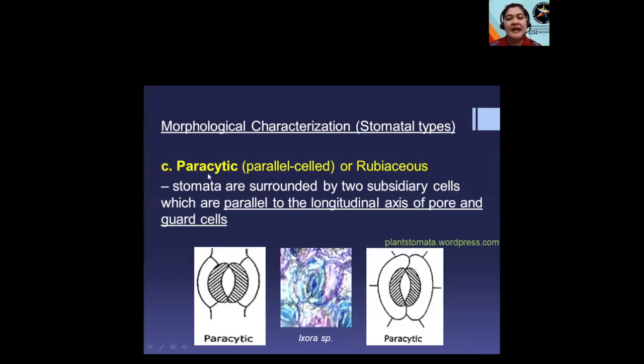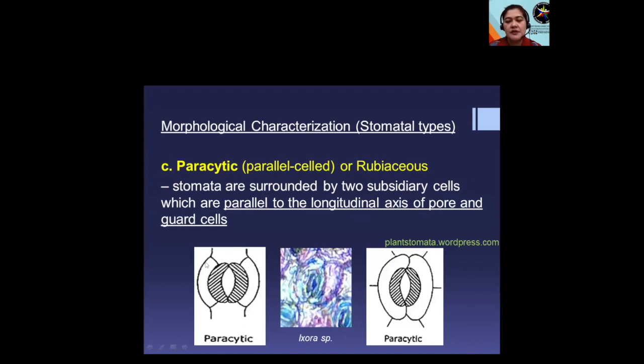Next, we have parasitic or parallel-celled. We find this in Rubiaceae, kaya siya rubiaceous din. So, parallel sa longitudinal axis ng pore at ng guard cells. So, ito ang pore, ito ang guard cells, ito ang ating subsidiary cells.